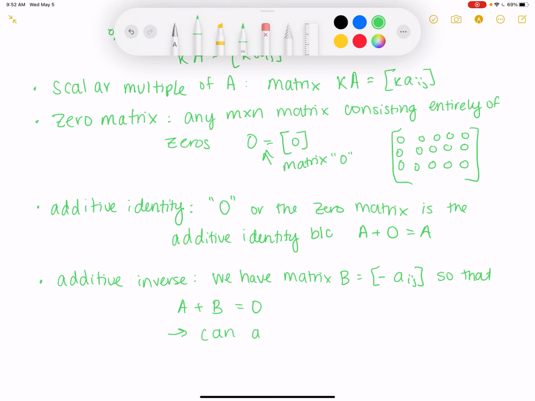It can also be written B equal to negative A.